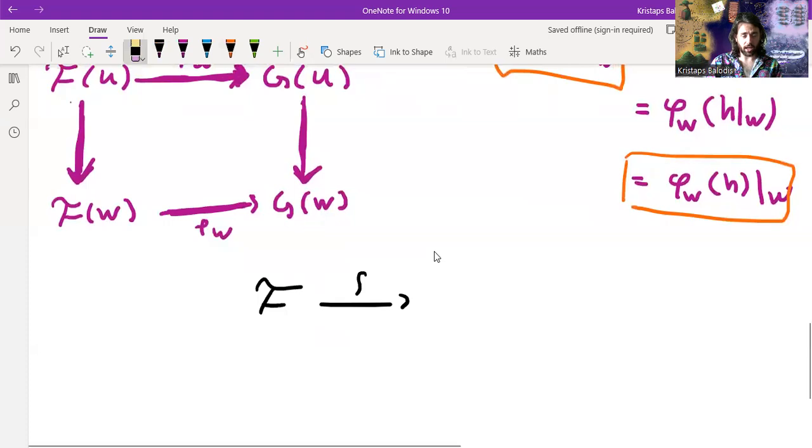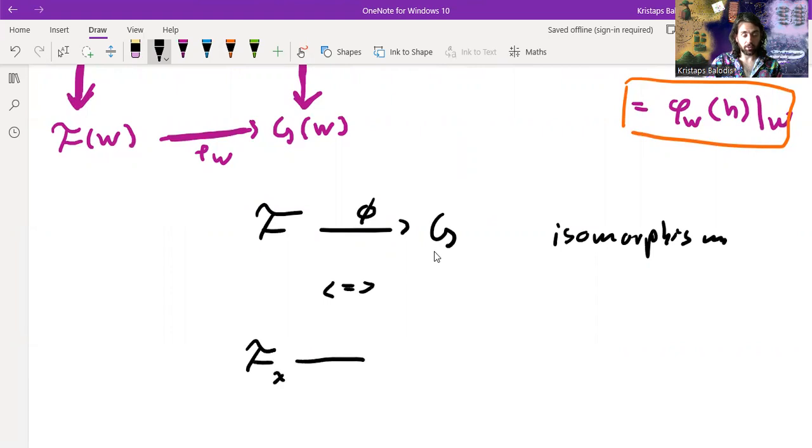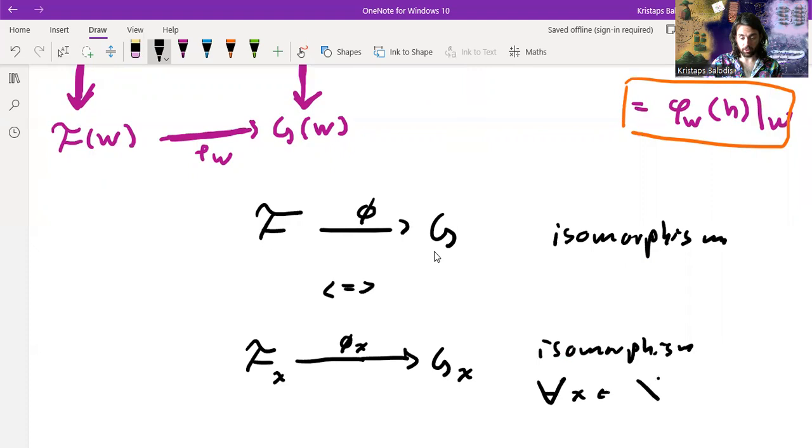Suppose you have a morphism of sheaves, phi from F to G. Then this is an isomorphism if and only if the induced map on the stalks is an isomorphism for all points in your topological space X.